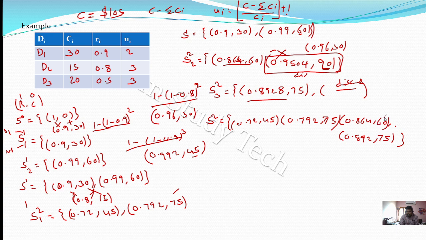Here it is 60, reliability is 0.864. So you can discard this one. Okay, increase the cost, but reliability is decreasing. So here it is 0.864, here improve the reliability 0.892, that is 75.